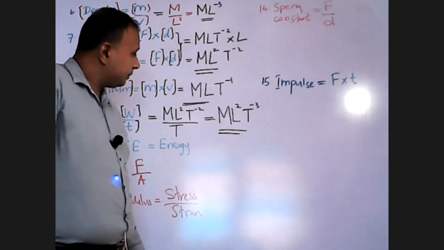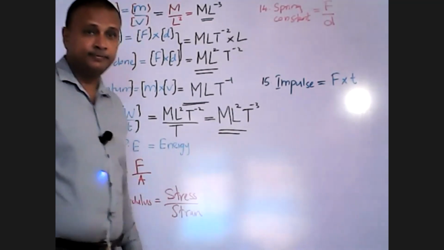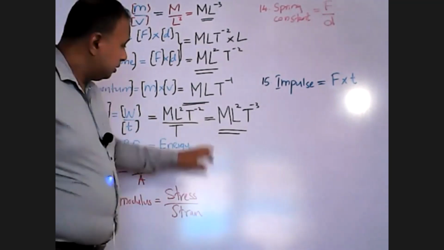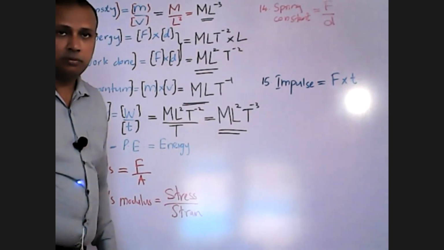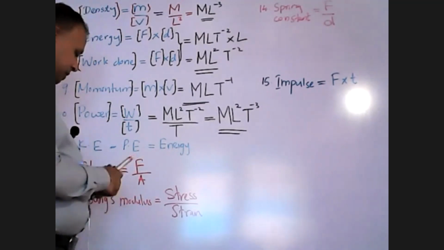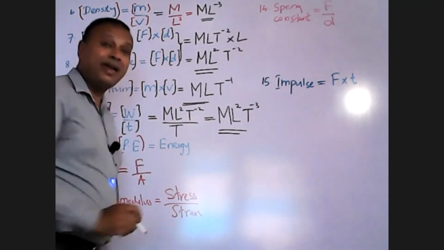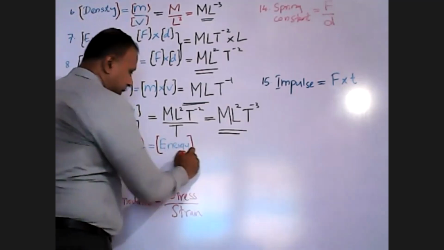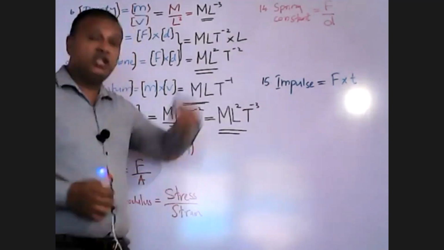Do you understand this one? If you understand, please give me a thumbs up. Okay, very good. Then the dimension of kinetic energy and potential energy. Kinetic energy is an energy, potential energy is an energy.